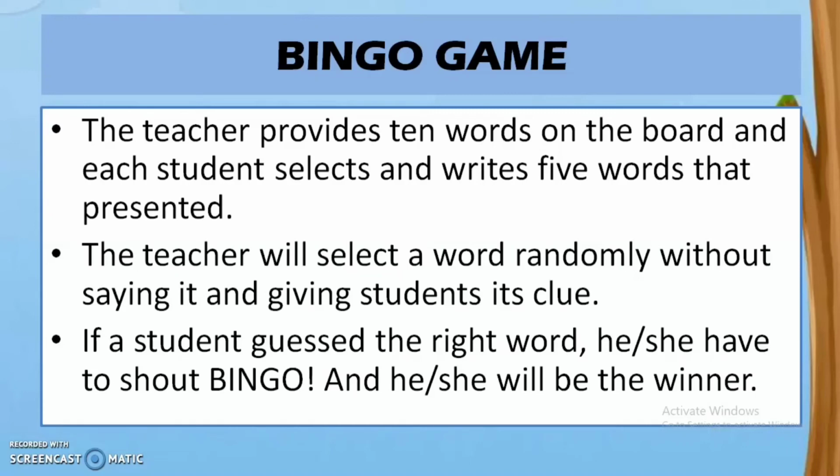If a student guesses the right word, he or she has to shout "Bingo!" and he or she will be the winner. So those were 5 examples of games that can be used in the classroom. It is easy enough to implement, right?